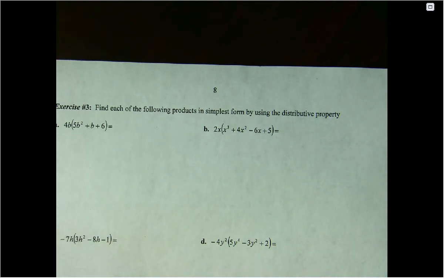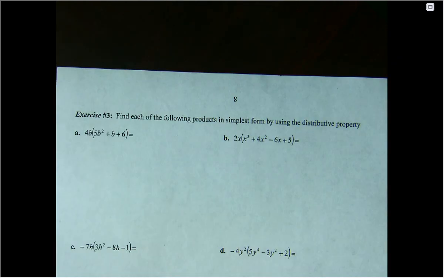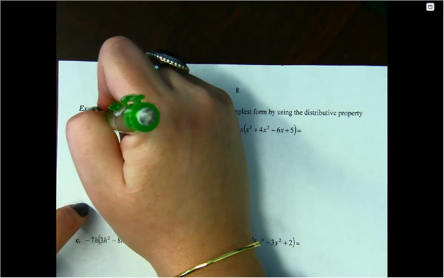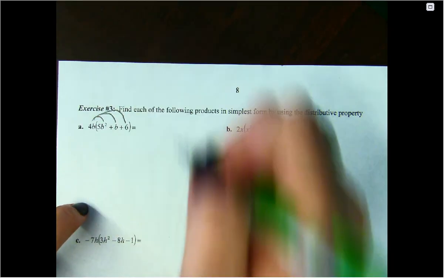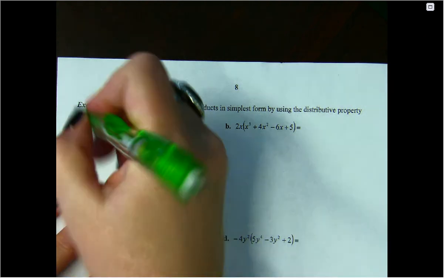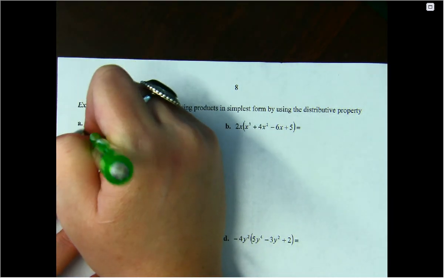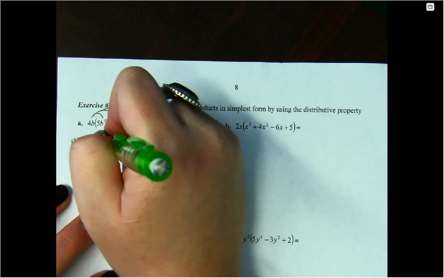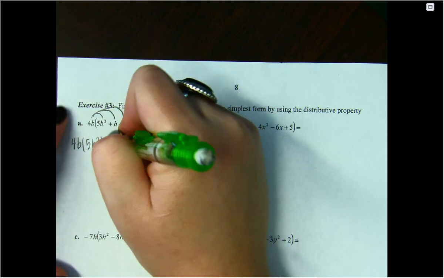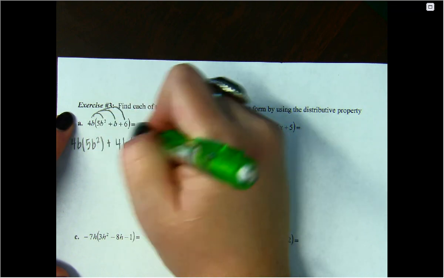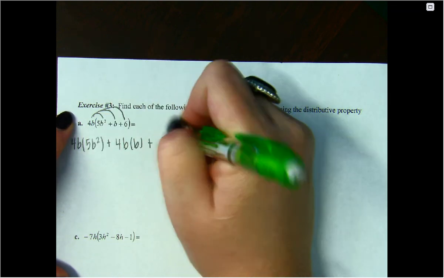We are going to do these last 4, and they're the same idea here. So you're just going to distribute this into all 3 of these terms. So you're going to get 4b times 5b squared plus, that's the first term, 4b times regular b plus 4b times 6.